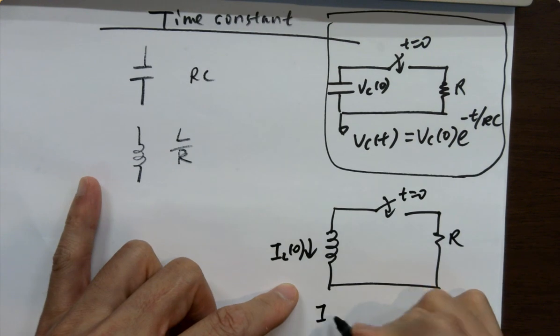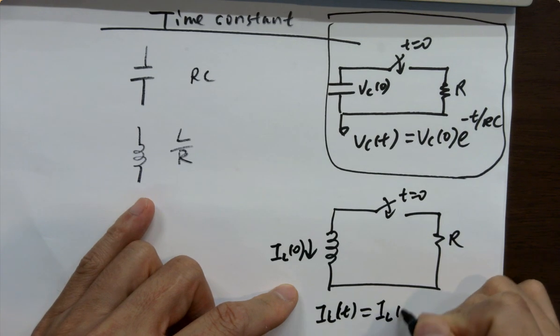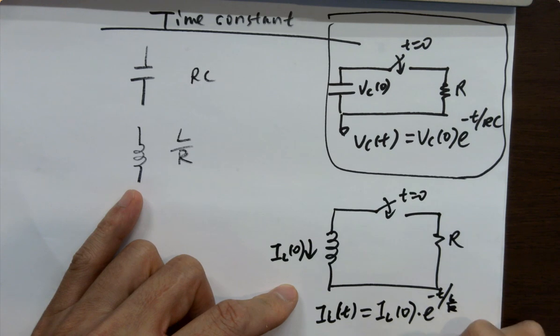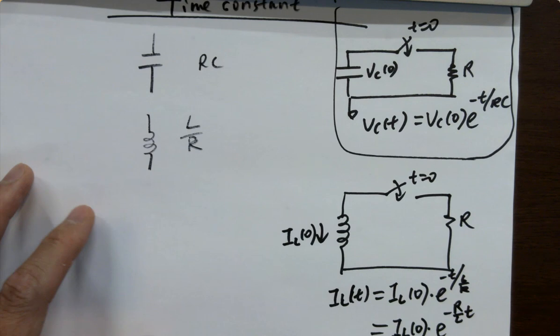So what is IL(t)? Same thing. It's just IL0 times e to the minus t over the time constant, which is L over R. So that's why sometimes you see people directly flip it to the top, getting IL0 times e to the minus Rt over L. But that makes sense, the same thing, right?